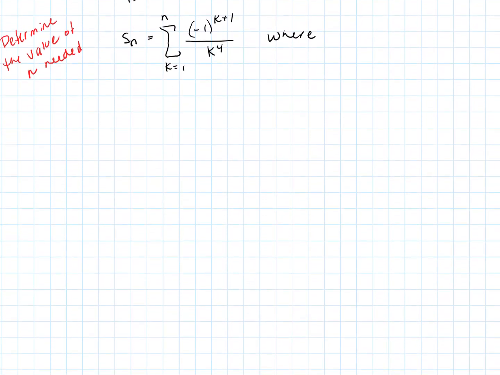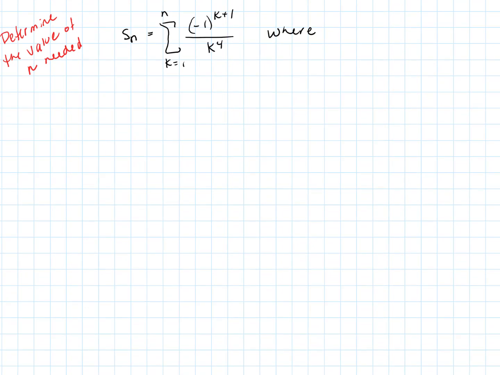We want S sub n where the actual remainder, which is the difference between the sum and the partial sum we're going to use, is less than 0.001, or 1 over 1,000. We know that the remainder has to be less than or equal to the b sub n plus 1 term, and we want that to be less than 0.001, which is 1 over 1,000.